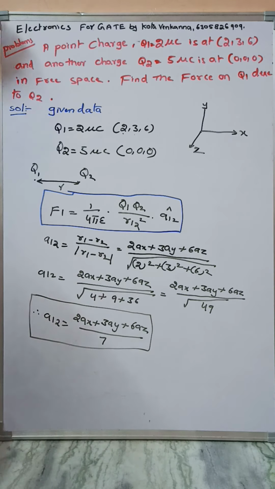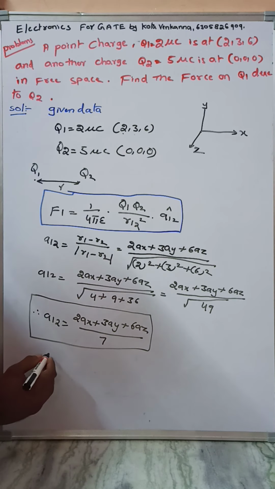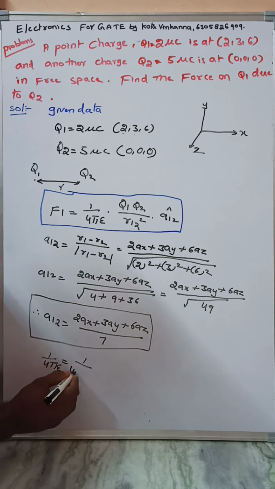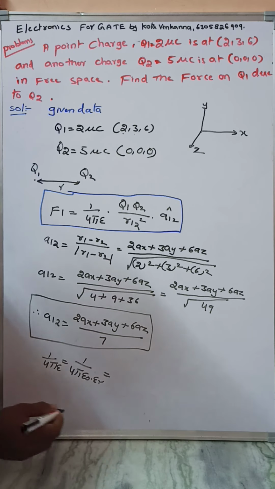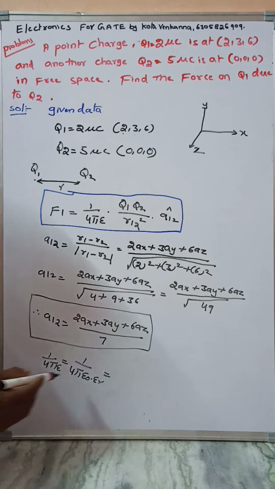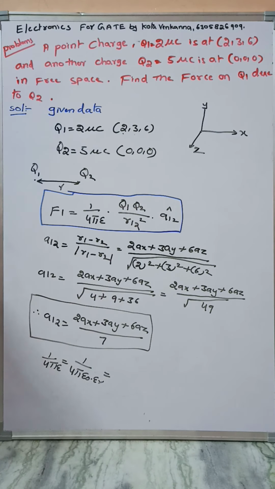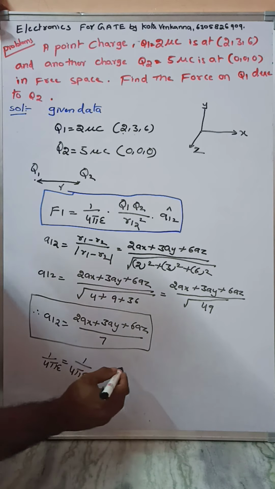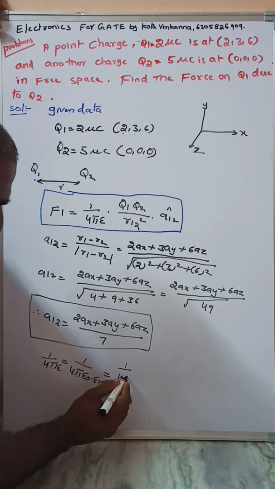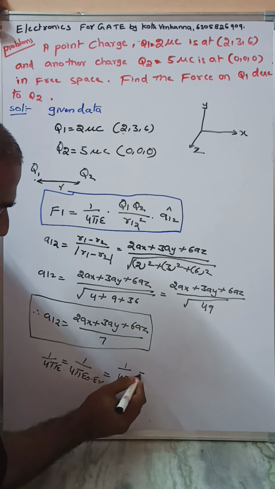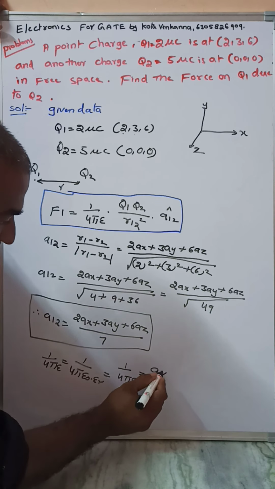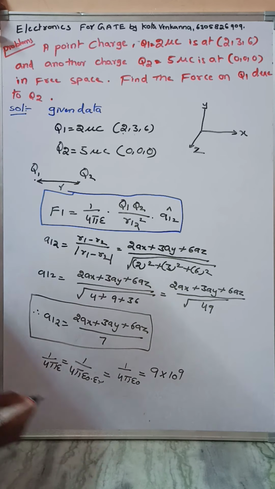This is the A12 value. Then for free space, 1 by 4 pi epsilon is equal to 1 by 4 pi epsilon naught into epsilon r. For free space epsilon r is equal to 1, so 1 by 4 pi epsilon for free space is equal to 9 into 10 power 9.